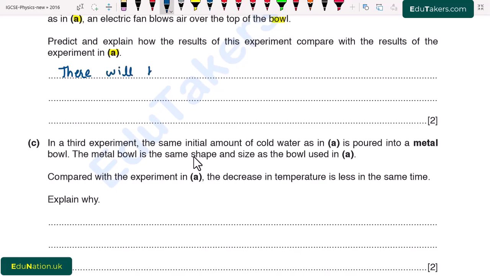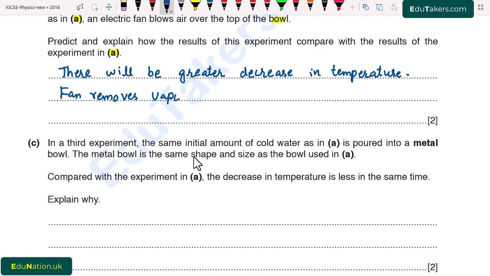The fan removes vapors away, allowing more molecules to escape. As a result, there will be fast evaporation.